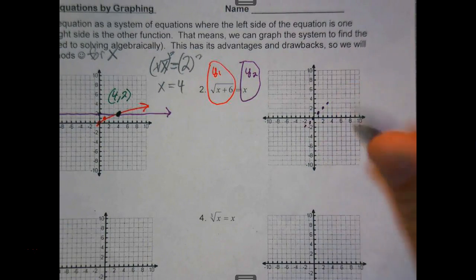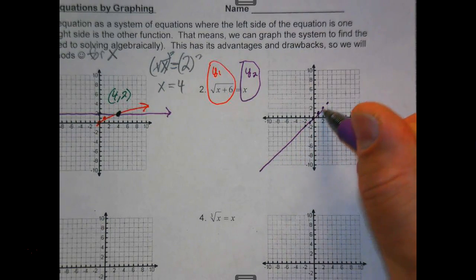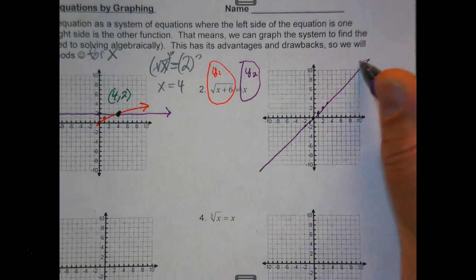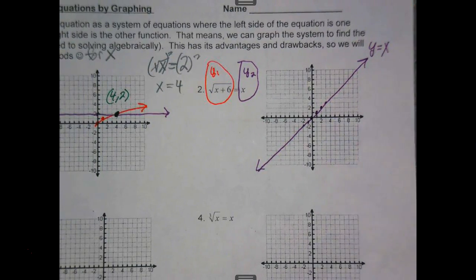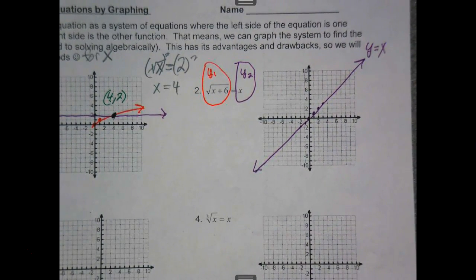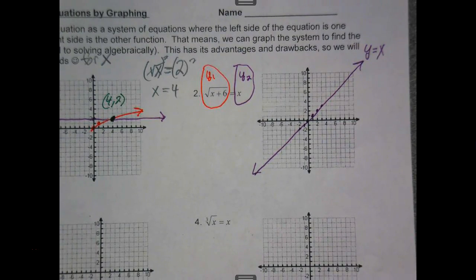Negative 2 equals negative 2. It's a line that diagonally cuts my graph. That's the y equals x line. It's used in a lot of reflections in college algebra, calculus, and pre-calc. Okay, so that's y equals x.